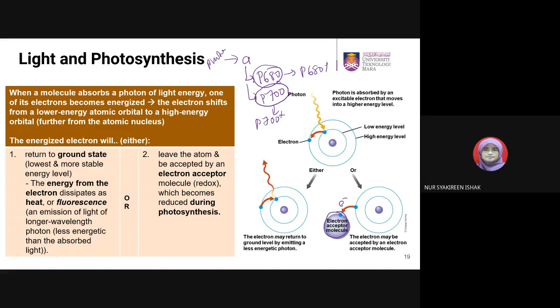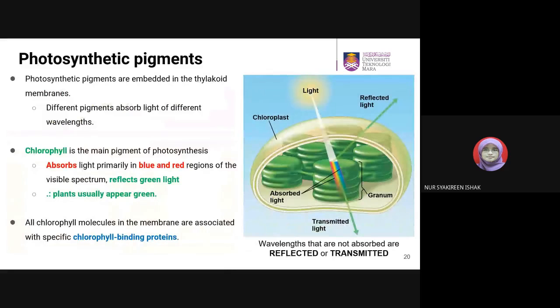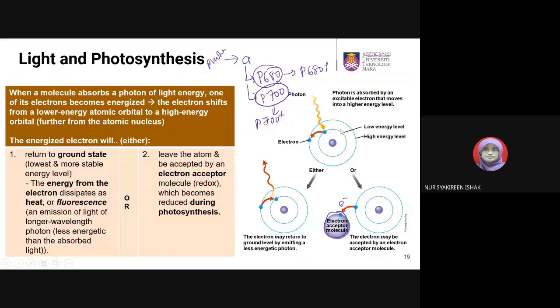Okay, so bila chlorophyll A ni dah release electron, dia dah bentuk ionized. So maksudnya macam mana photosynthesis ni nak berlaku secara continuous. So maksudnya electrons of chlorophyll A ni kena replace. Okay, kena replace. So mana nak replacekan electrons of P680 plus ni? Dia datang daripada electrons daripada photolysis of water. So sebab tu kena berlaku photolysis of water.